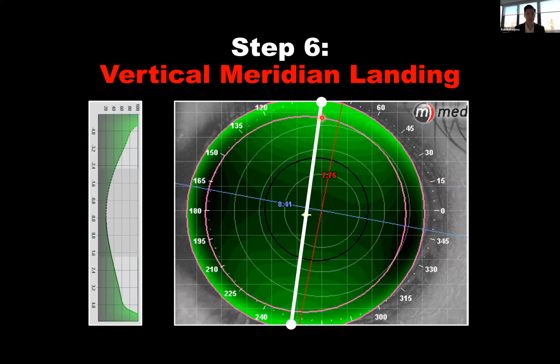So underneath this point, there's about 80 microns of fluid. Underneath this point, there's about 80 or 60 microns of fluid. So that's a lot of room for the lens to rock back and forth, to be unstable, to be moving excessively, to be uncomfortable. Well, what do we need for this patient?